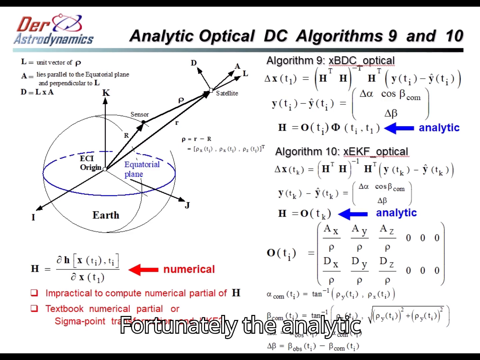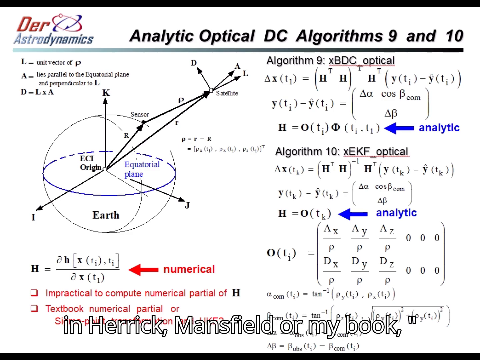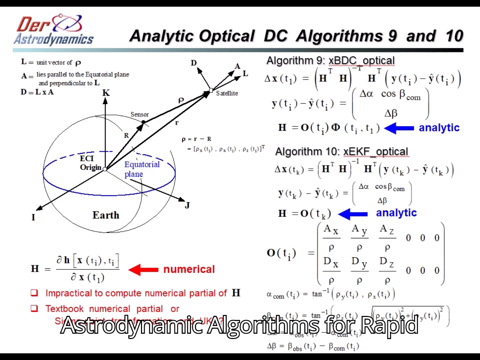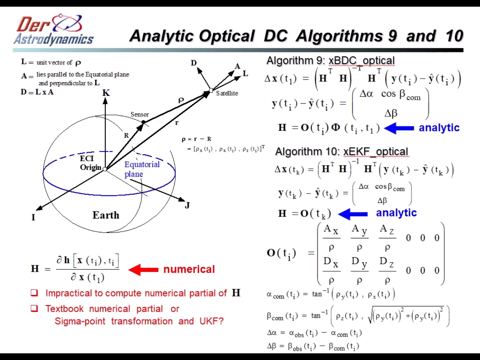Fortunately, the analytic optical matrix O Ti or O Tk, which allows the analytic H to be computed, can be found in Herrick, Mansfield, or my book, Astrodynamic Algorithms for Rapid Space Catalog Building. Again, the residual observation vector Y Ti minus Y hat Ti is analytic.